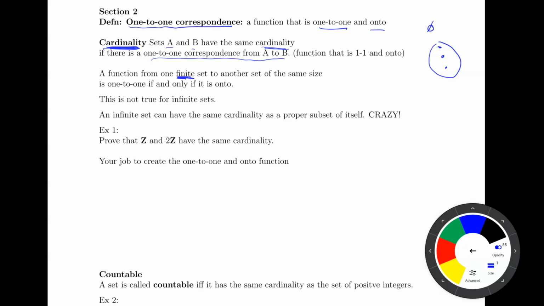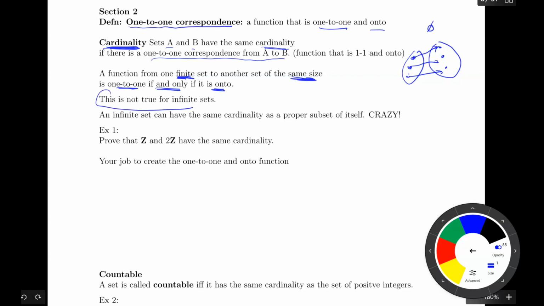If I'm talking about one finite set and another of the same size, it's one-to-one if and only if it's onto. So if I have a set of 3 and a set of 3, it can have a one-to-one correspondence if it's one-to-one and onto at the same time.